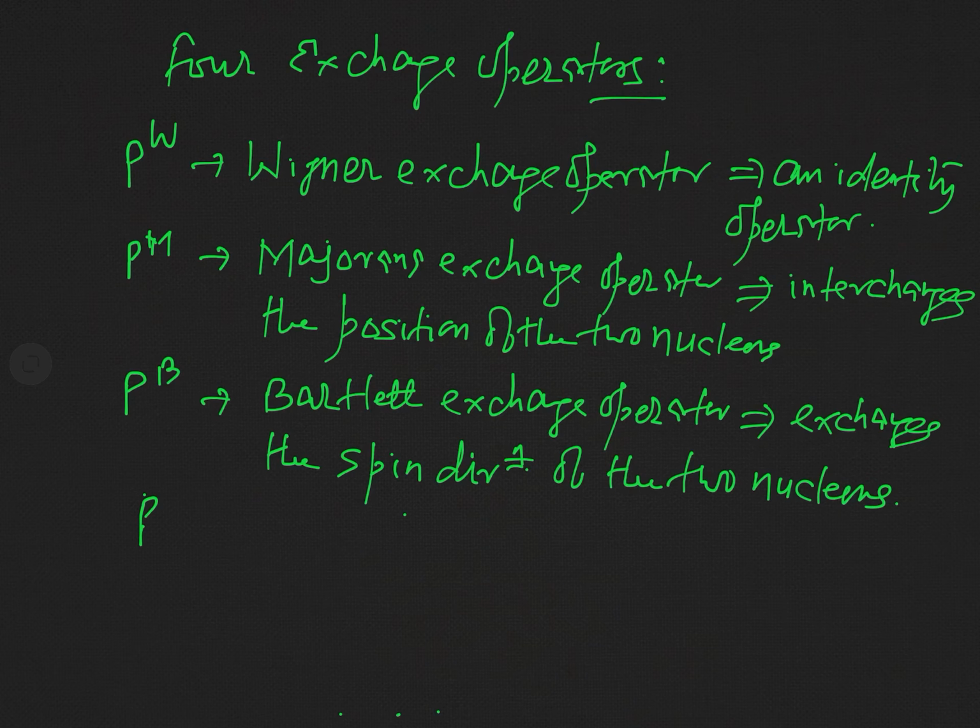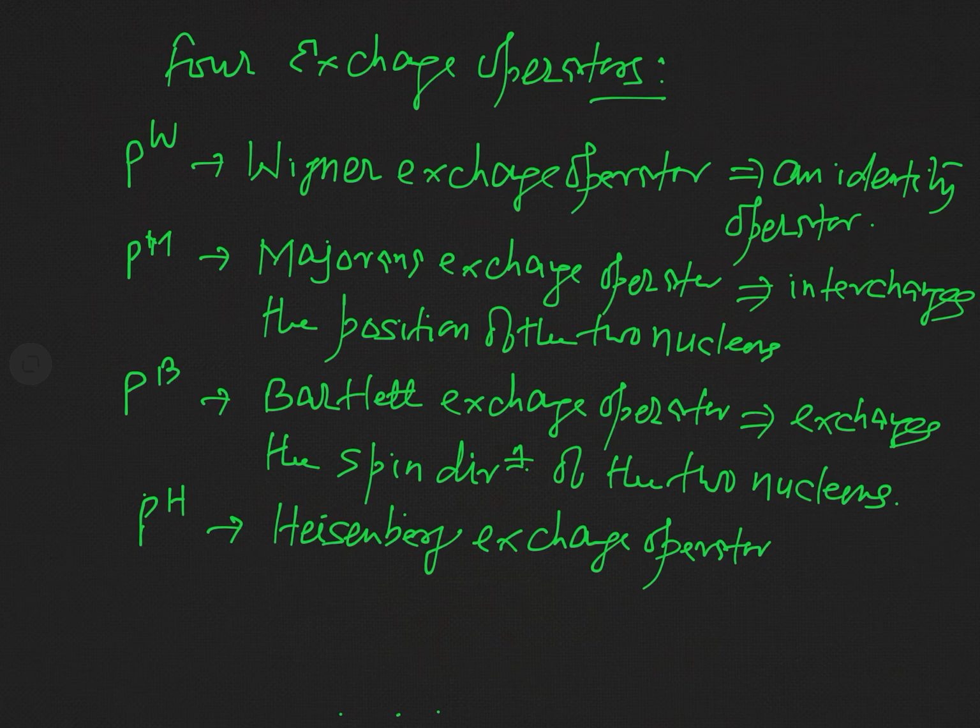Now, the fourth operator is denoted by PH. Again, the letter H is for Heisenberg, and this is called the Heisenberg exchange operator. As you know, in case of Heisenberg interaction, there is an exchange of both the space and spin coordinates.